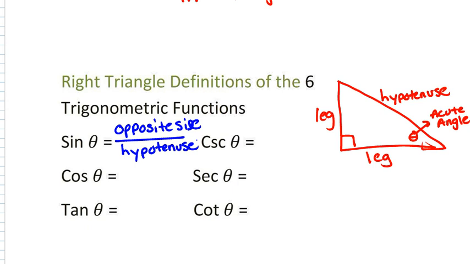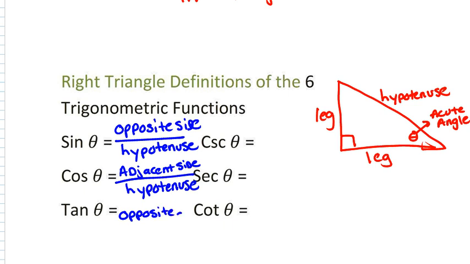You have the cosine of theta, which is the adjacent side over the hypotenuse. You have the tangent, which is the opposite side over the adjacent side.